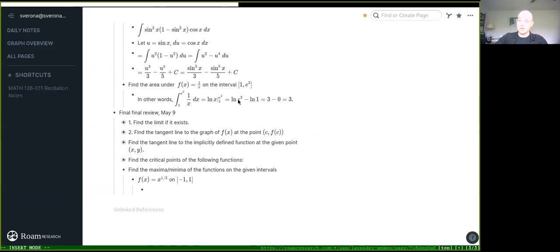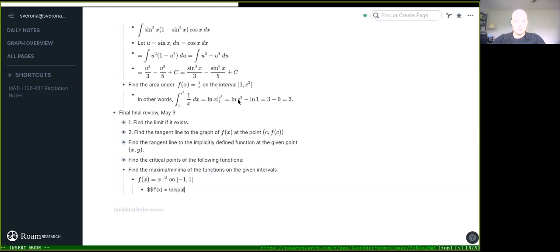So as with taking critical points, our first step is going to be taking the derivative. Because remember, there are three kinds of critical points: either where the derivative doesn't exist, where the derivative is 0, or the endpoints of a closed interval, right?